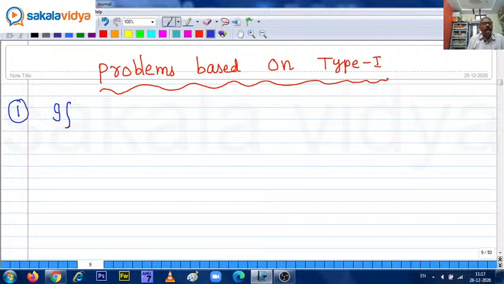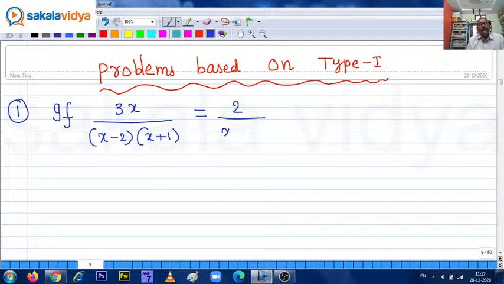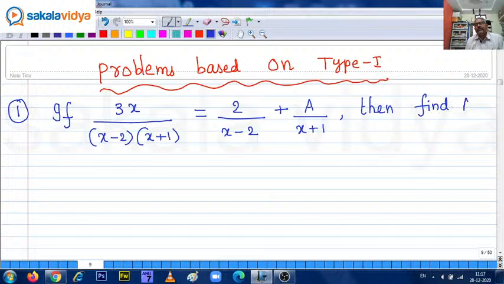If 3x upon x minus 2 times x plus 1 equals 2 upon x minus 2 plus a upon x plus 1, then find a. That constant we need to find out.